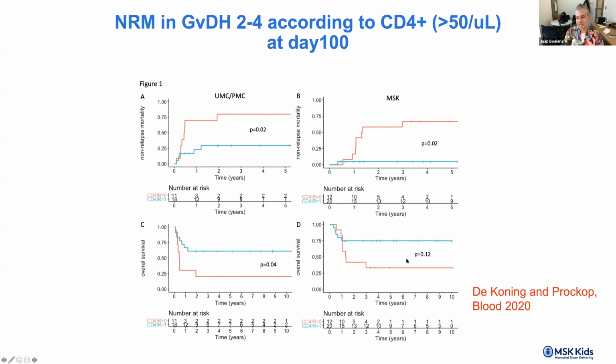Yes, you have a bumpy time and you are likely to have an extended hospital stay, but your survival chances are similar to the patients who do not develop graft versus host disease. So lymphocyte immune reconstitution is really important after transplant, also to get control over your graft versus host disease.